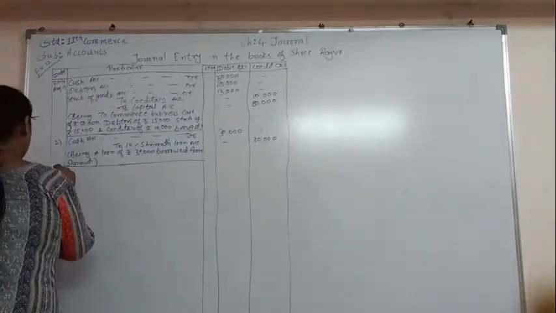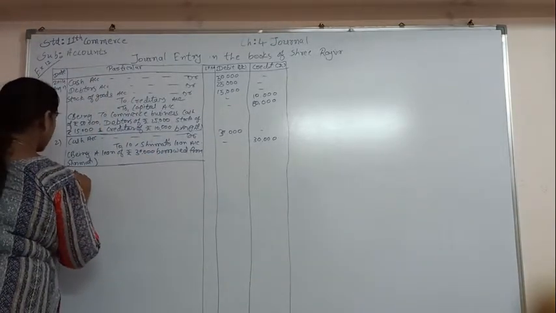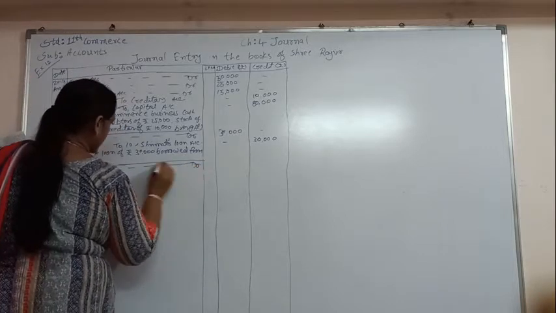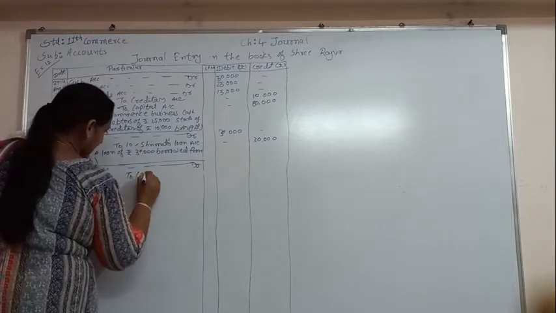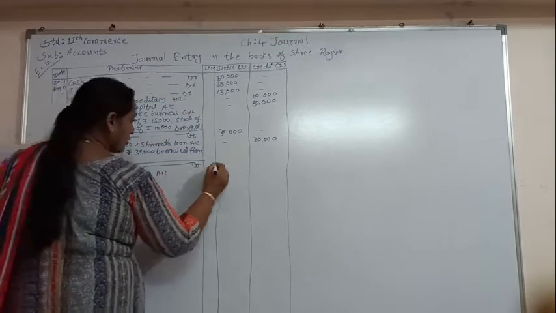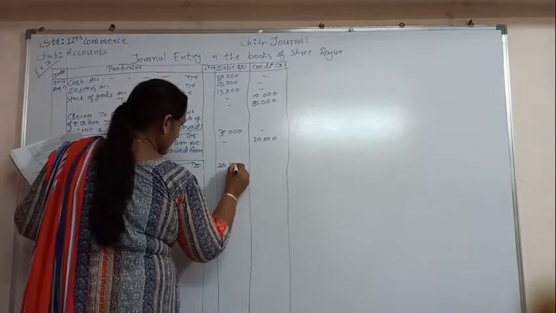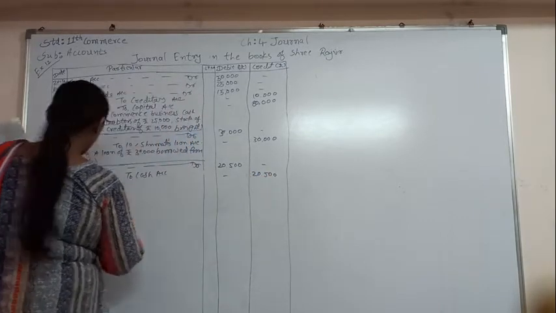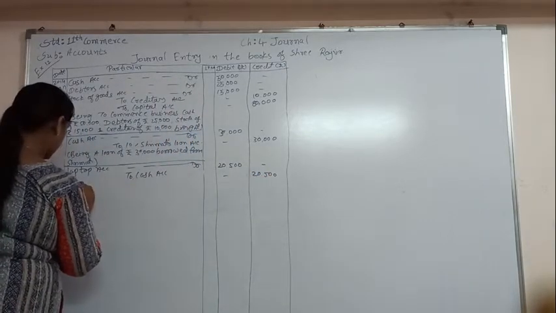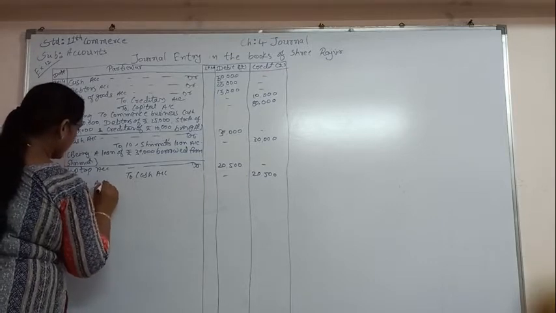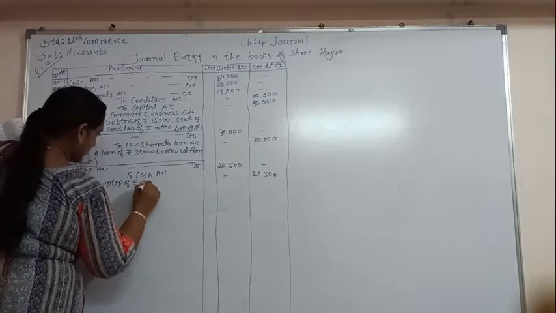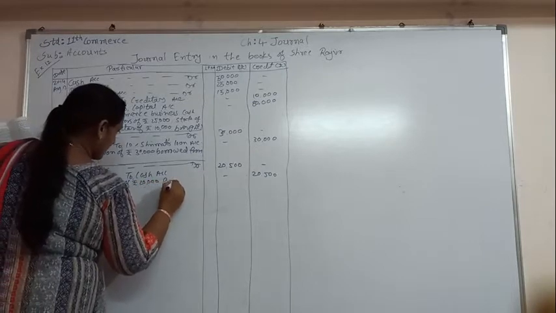So third, laptop account debit to cash account, in total 20,500. Being a laptop of rupees 20,000 purchased.